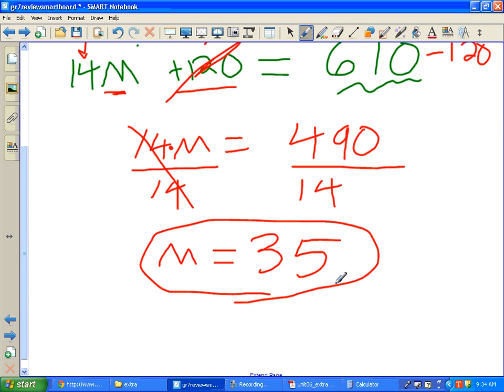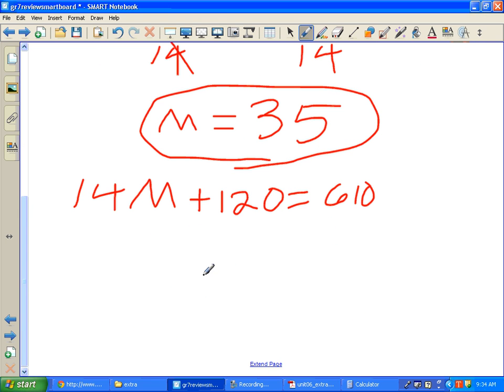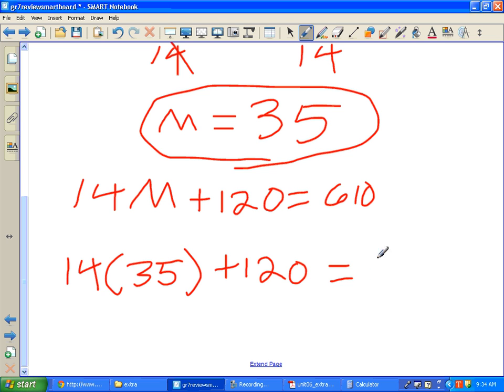To verify this solution, or to check it, all you have to do is take your original equation, 14m plus 120 equals 610. So this was our original equation. Now let's put in our answer, 35, where m was, plus 120, and each side of the equal sign should be the same if we're verifying our answer and we got it right.